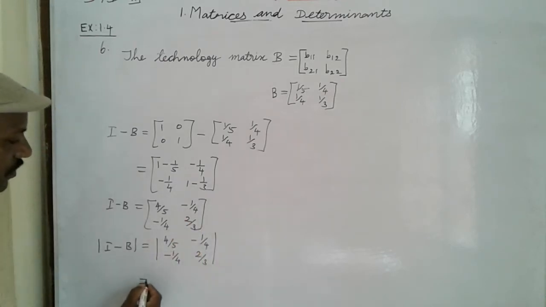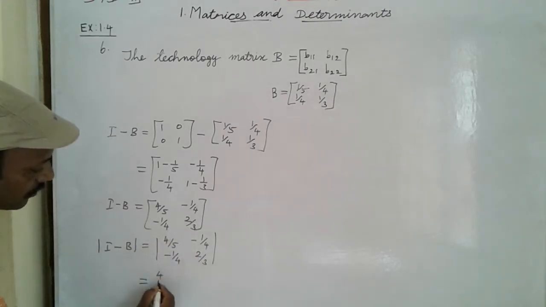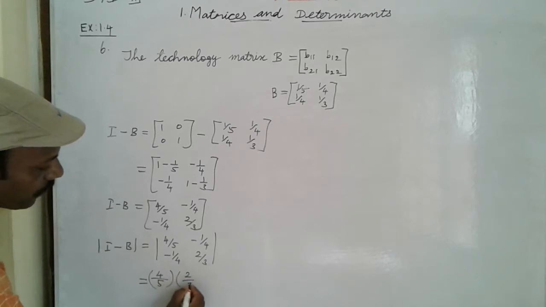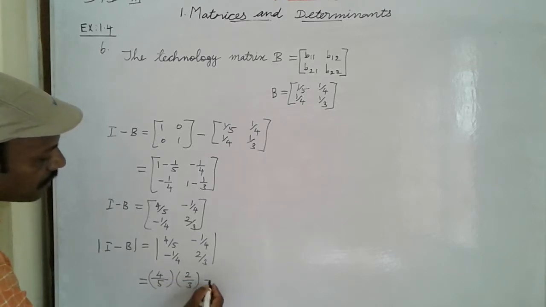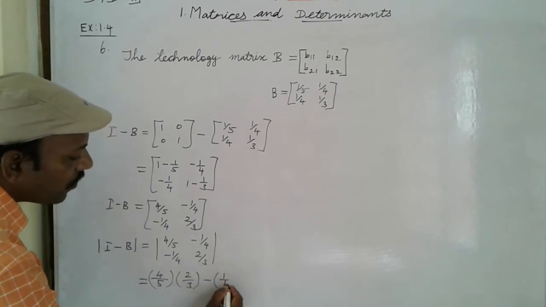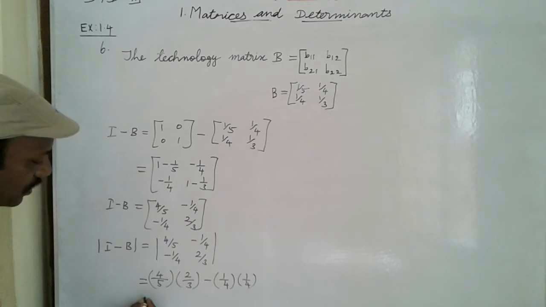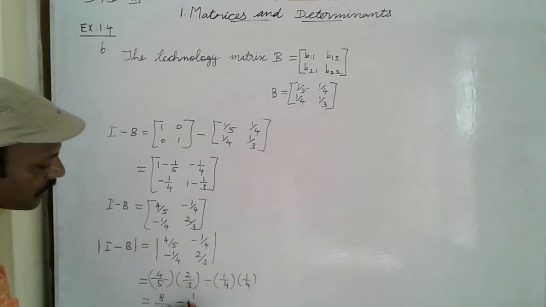So we should find the determinant value by cross multiplying: 4 by 5 into 2 by 3. Minus into minus is a plus, so 1 by 4 into 1 by 4. Multiplying, 4 2s are 8 divided by 5 3s are 15, minus 1 1s are 1 divided by 4 4s are 16.